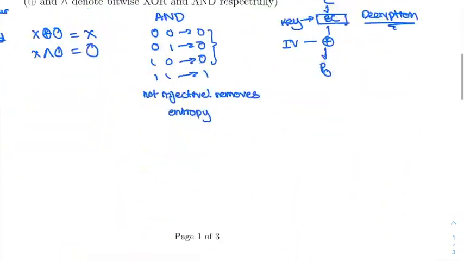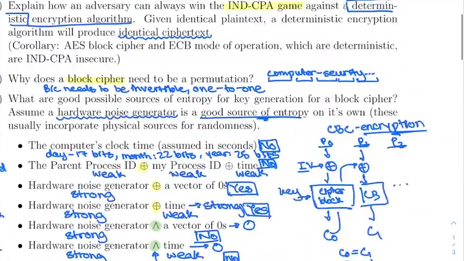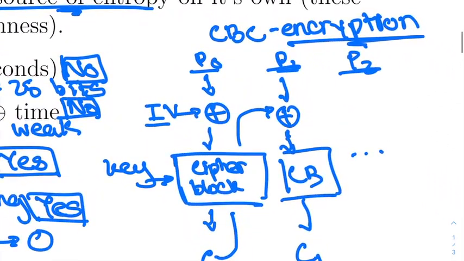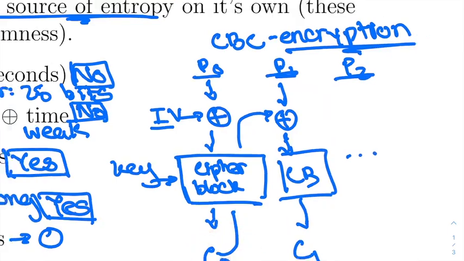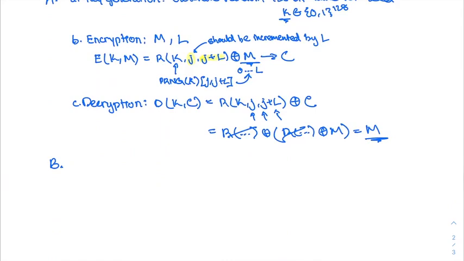Now, this is a pretty good practice, but as you can imagine, we can't generate the ciphertext for P1 until we've generated the ciphertext for P0. So the runtime for CBC would be linear in that sense. You would have to get C0 before initiating C1.